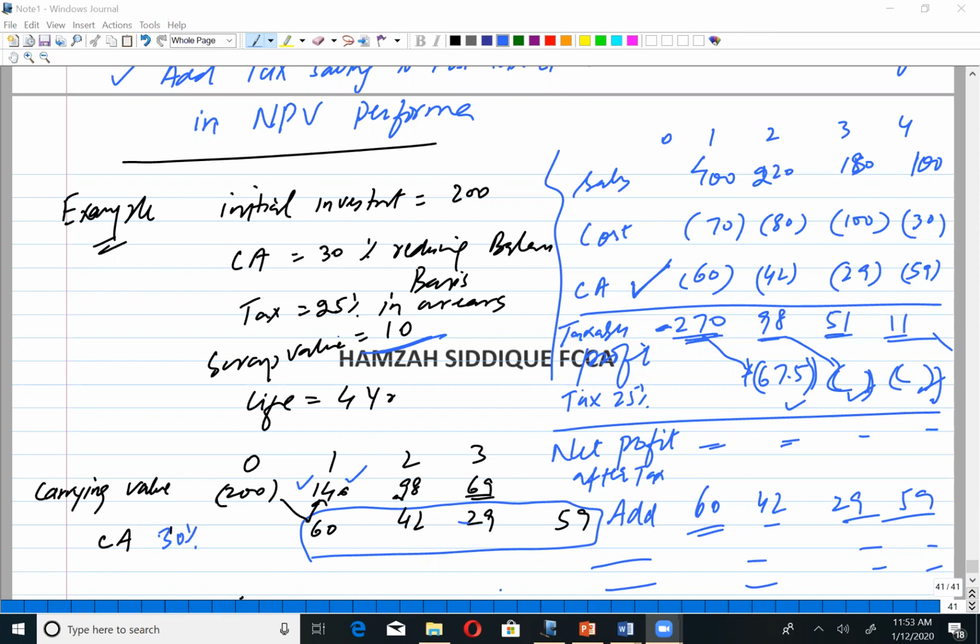The remaining will be the same calculation. Both methods are equally valid in exam. You can use any one of these.